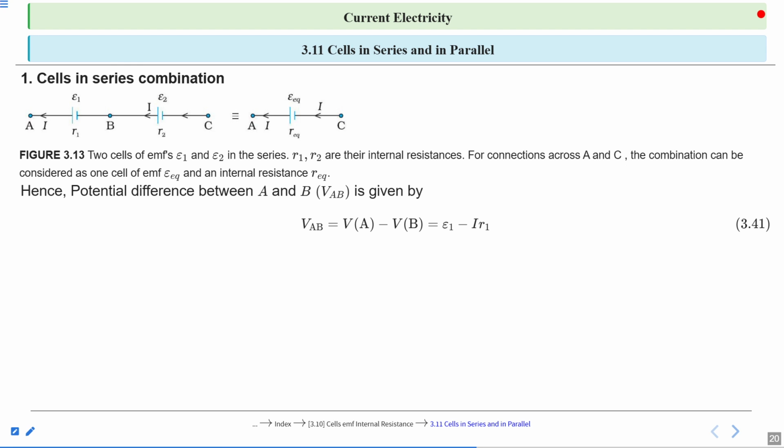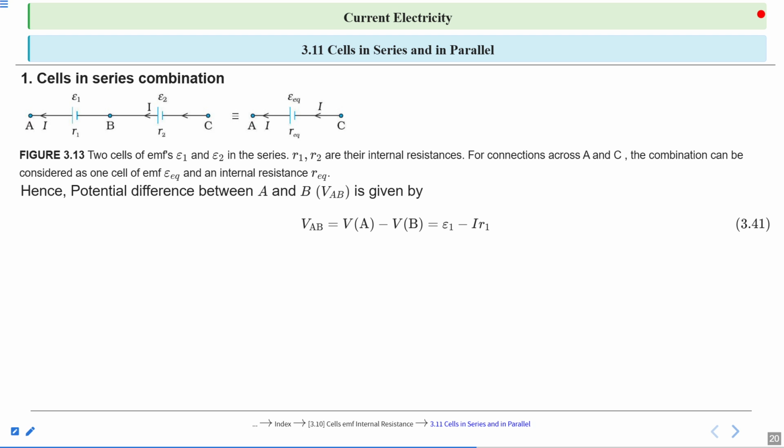Hence the potential difference between points A and B can be represented by VAB, which is VA minus VB, the potential difference across the first cell when there is a current in the circuit: epsilon 1 minus IR1.